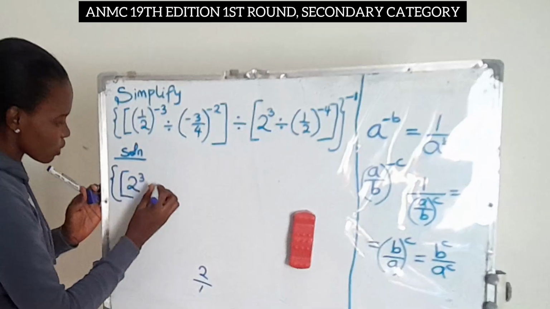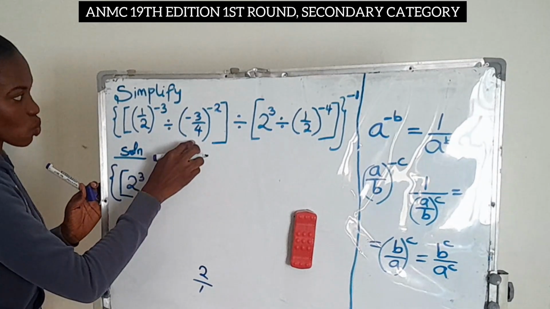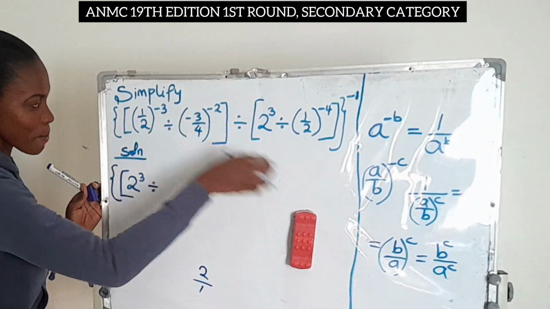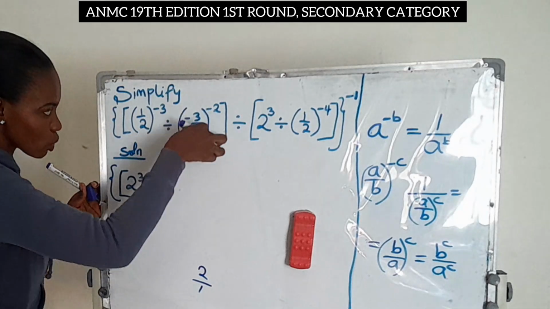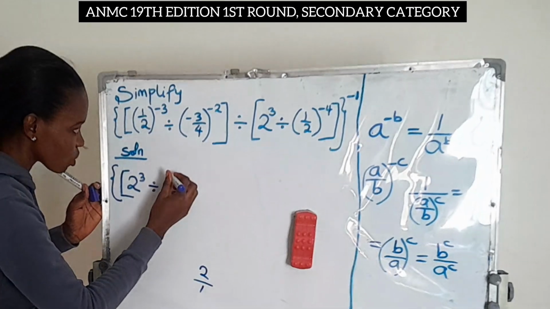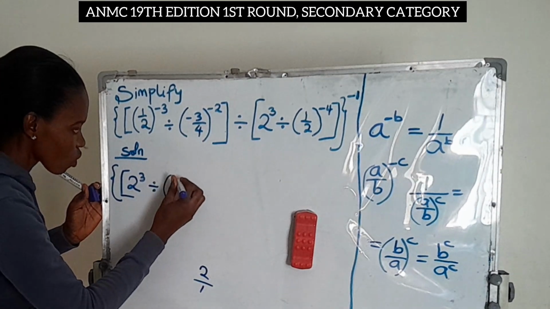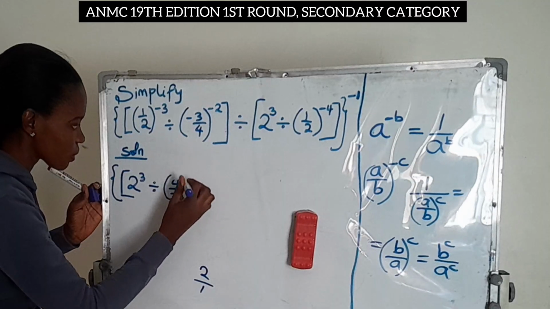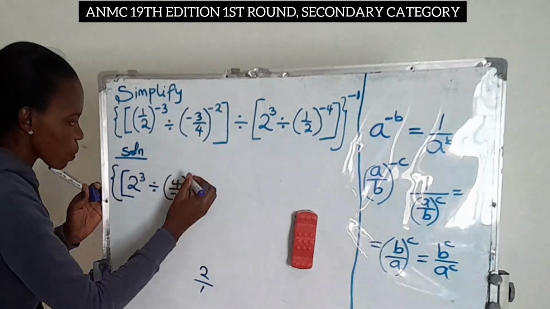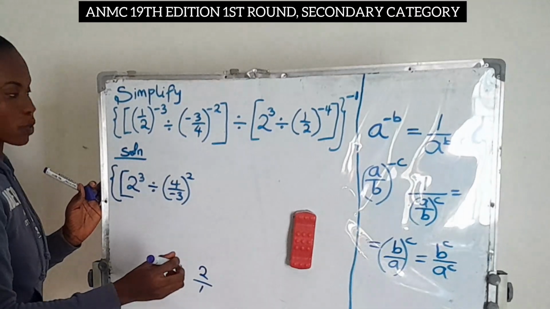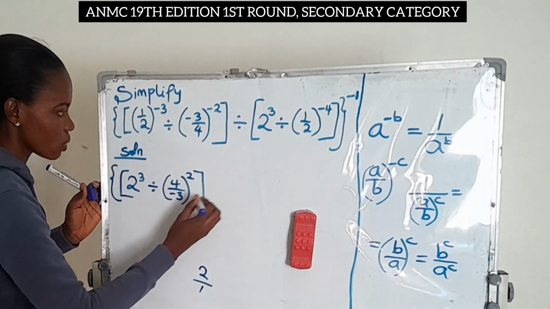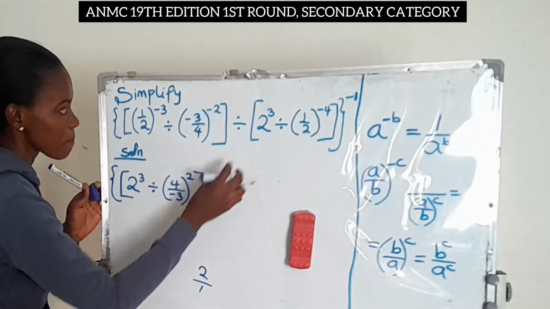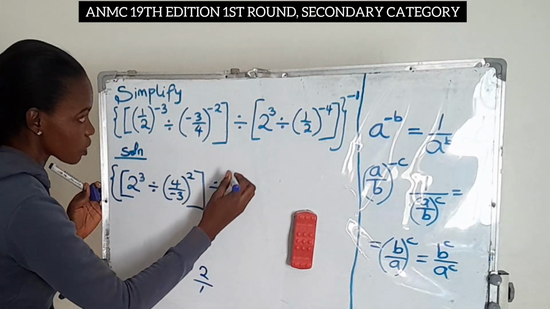This is divided by, come to this one. If we do the same method again, this is negative, so we turn it. If we turn it, we are going to have 4 over negative 3 raised to power of 2. Okay? Then close this one. Divided by, come to this one, 2 raised to power 3, so this is positive.